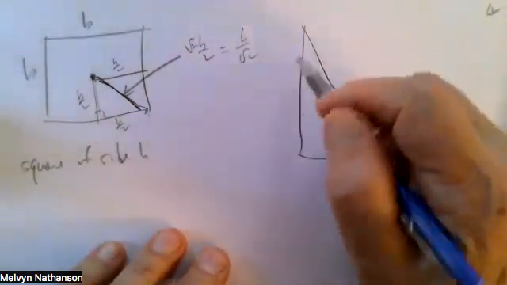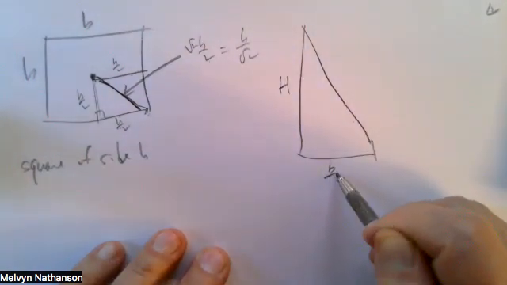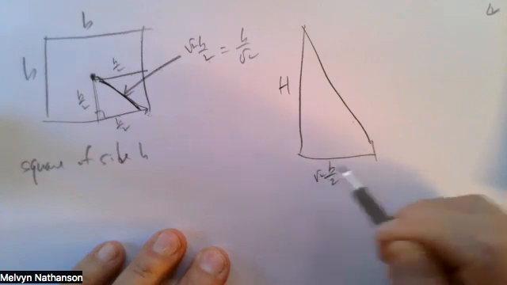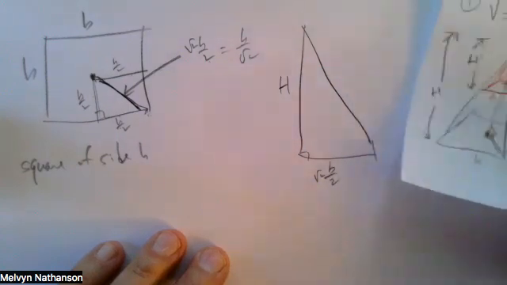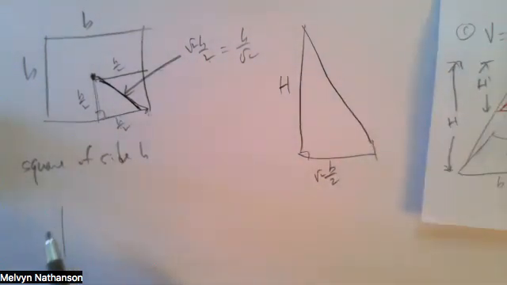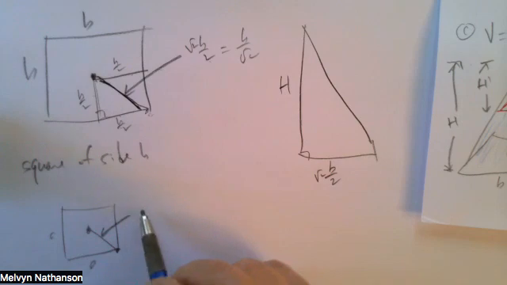And this height is capital H. This is B over 2 times the square root of 2. That's what that right triangle looks like. Now, just as we had a moment ago, if you had a square of side A and you take the center, the distance from the center to the corner is going to be square root of 2 A over 2.